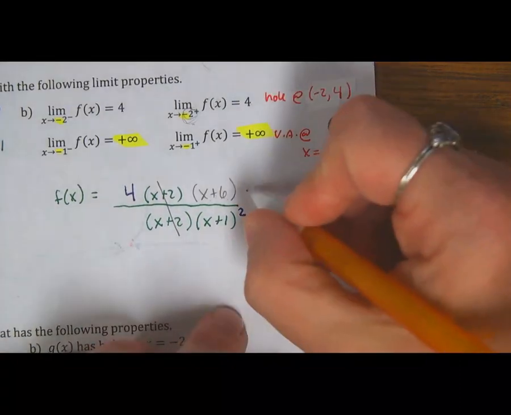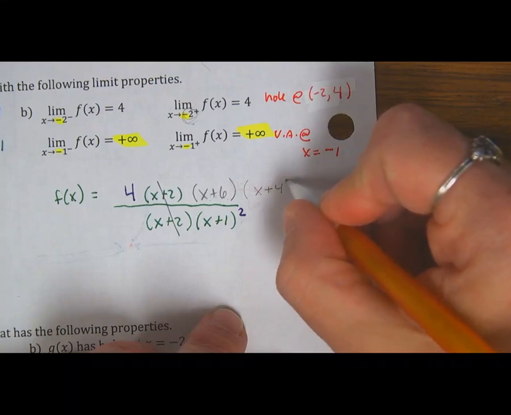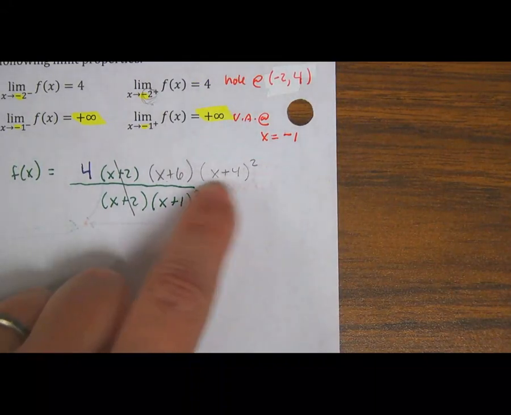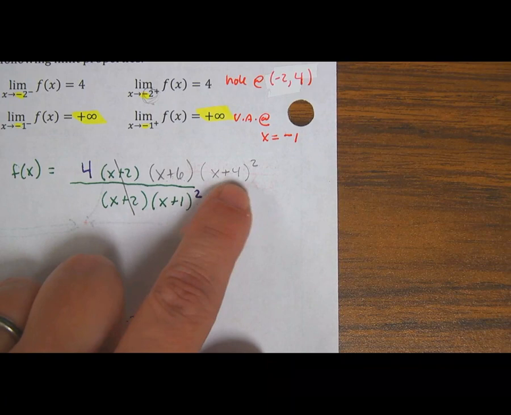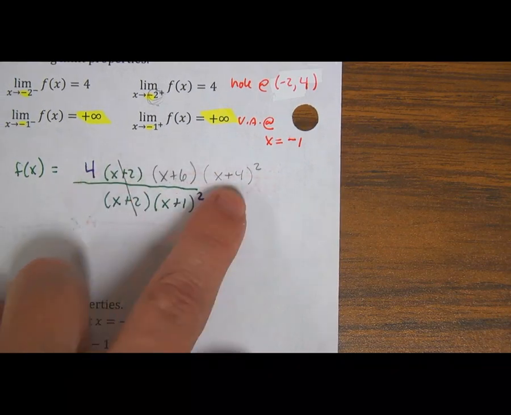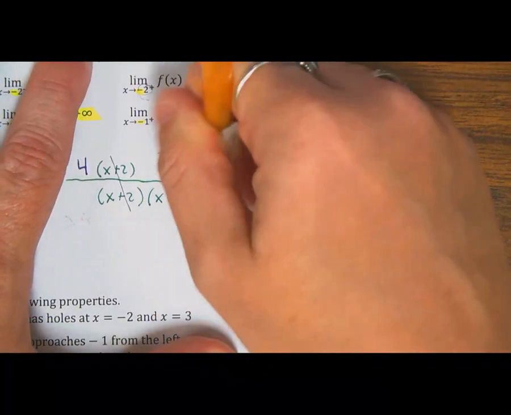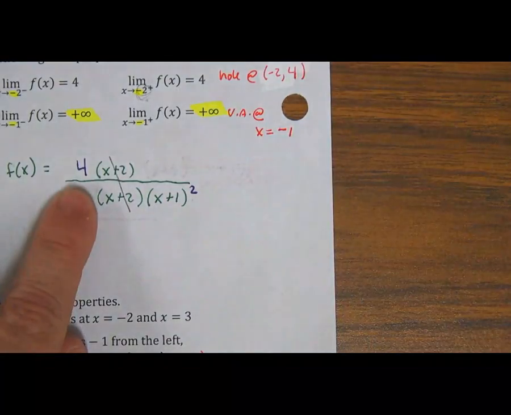How could you do it? Ooh, creative. That would give me 2, because negative 2 plus 4 is 2, and 2 squared is 4. So any of these things would work. There are lots of options. I'm just going to keep it as simple, or in my opinion, this is the most simple one. I'm just going to put a 4.